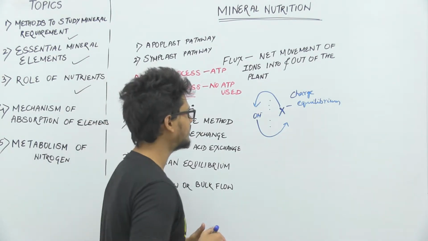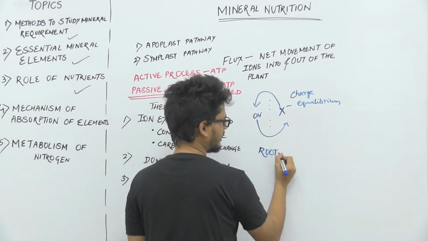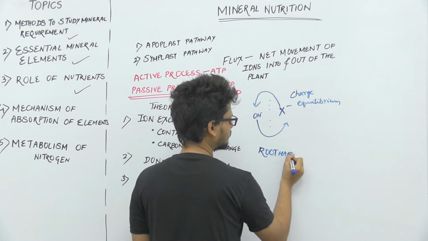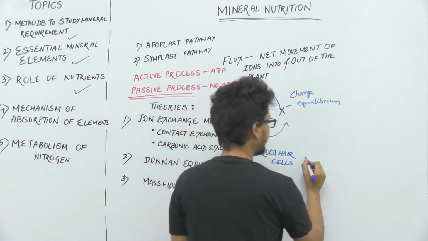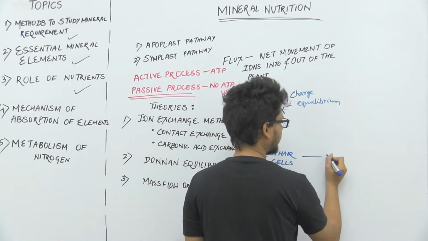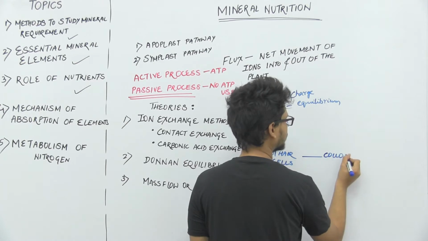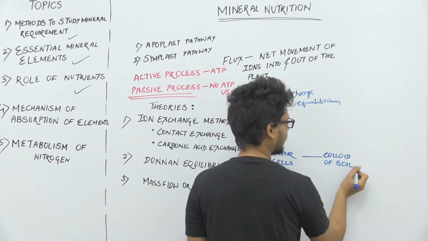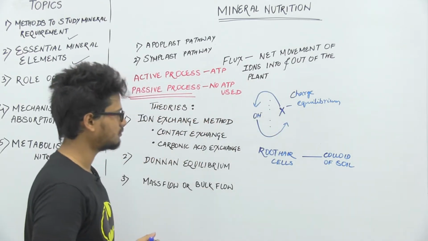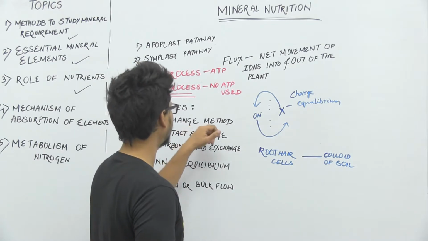और ये जो ion exchange है, that works between the root hair cells and the colloid of soil. Okay. So ion exchange के भी दो मेथड है.